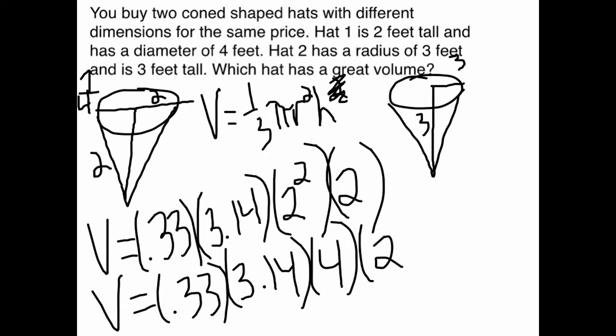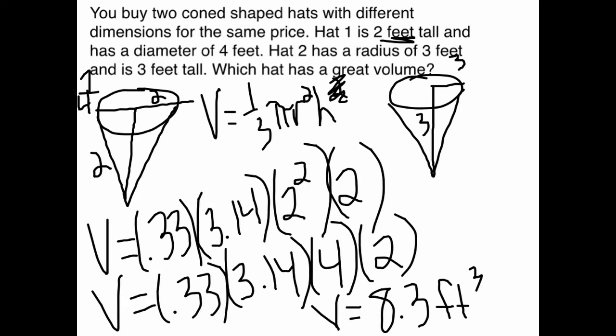Bring down our height. Now, I'm going to punch it into the calculator. 0.33 times 3.14 times 4 times 2 is going to give me approximately 8.3, if I'm rounding, cubic feet. So we'll have feet cubed. So that's the volume of our first hat. Now you're going to find the second hat.